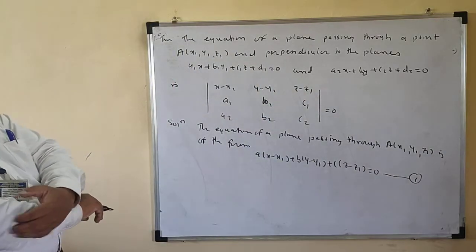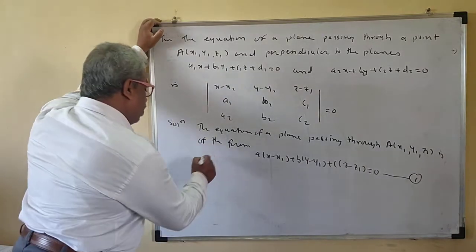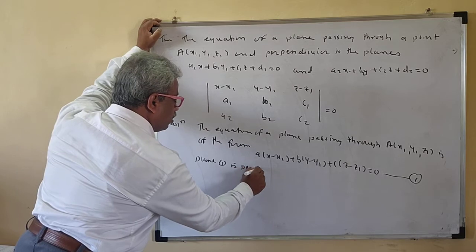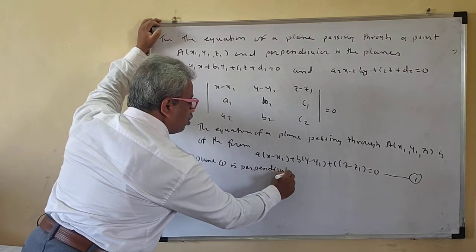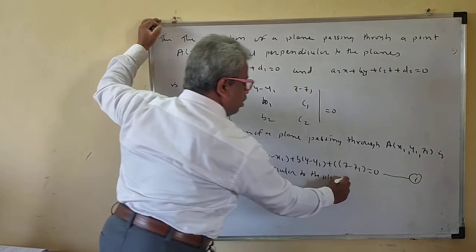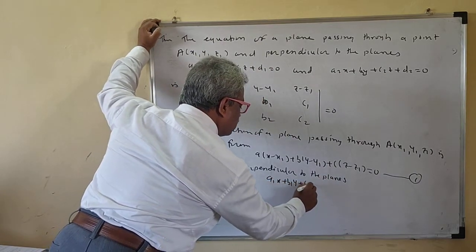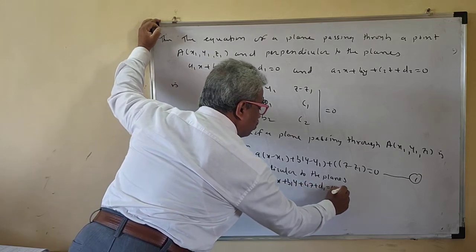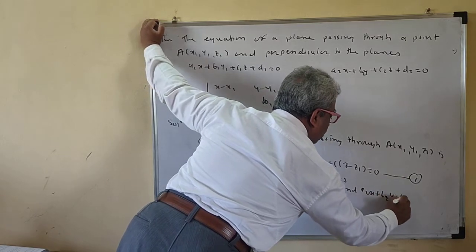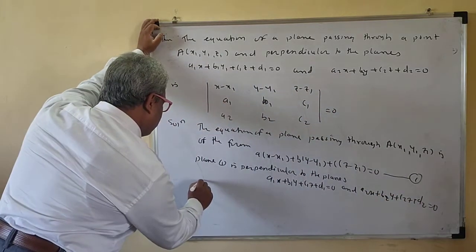Okay, this is our required equation of the plane, but we need the values of a, b, c. Now your plane 1 is perpendicular to the planes a1x plus b1y plus c1z plus d1 is equal to 0 and a2x plus b2y plus c2z plus d2 is equal to 0.